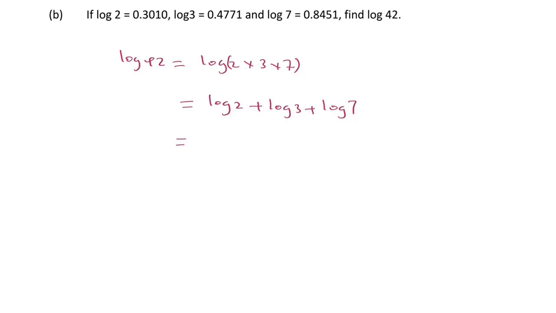Then we have 0.3010 plus 0.4771 plus 0.8451, of which after solving the values we have 1.6232, and this is going to be our answer.